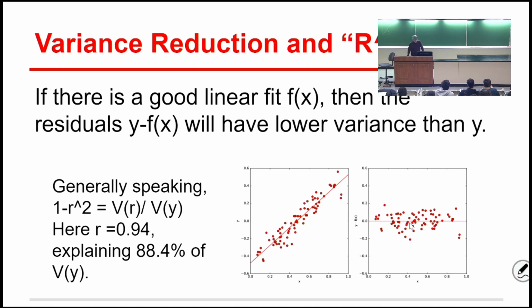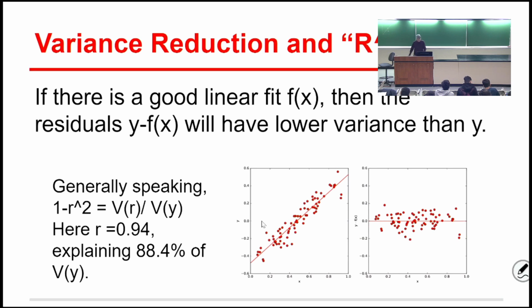And so what remains should be smaller. It's got to be smaller. And so if the range of numbers is smaller, we would expect that the variance in the residual is less than the original.